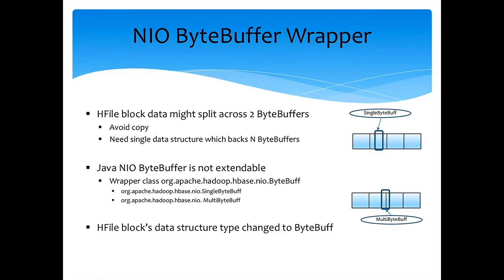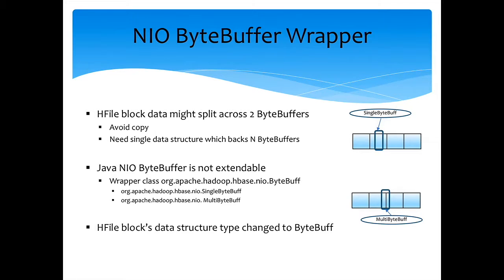And when your reads are getting served from the bucket cache, there is a possibility that your data can span across 2 byte buffers. So there we have the concept of MultiByteBuff. This is nothing but a wrapper on the NIO ByteBuffer, and it has two things. One is the normal on-heap byte buffer, the other is where you have multiple byte buffers combined together to form an HFile block.